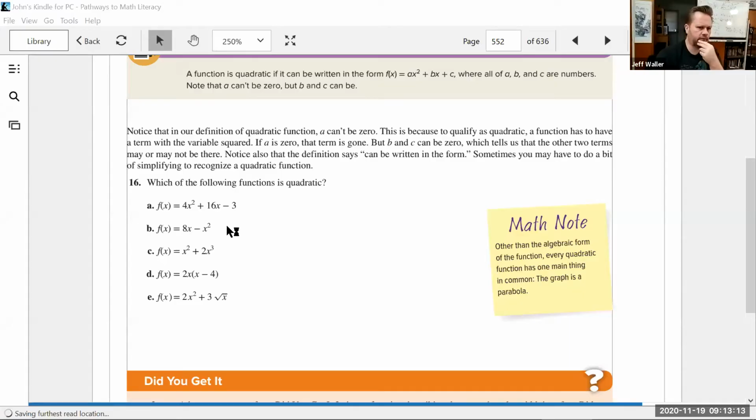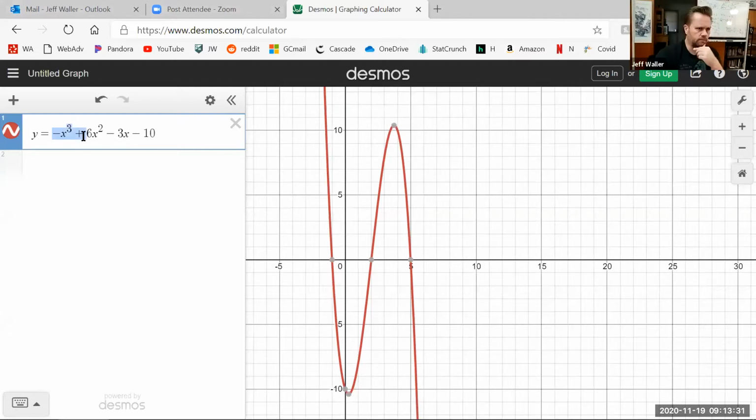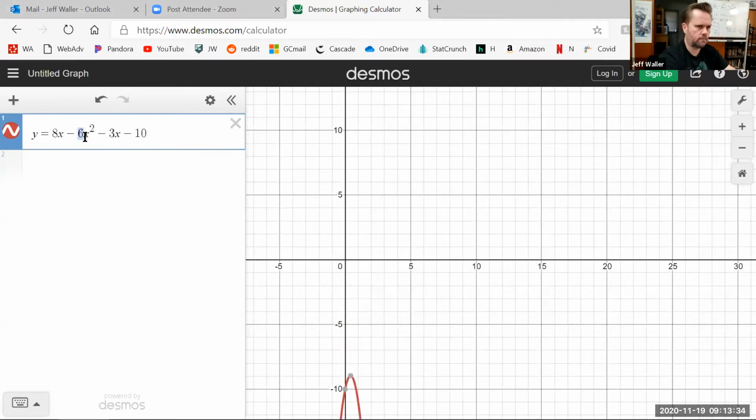Like if I wanted to find the vertex of this one, 8x minus x squared, if I put it in Desmos, there it is.